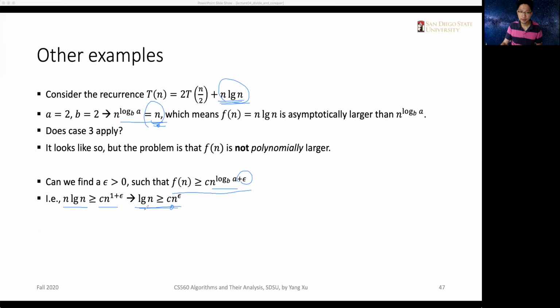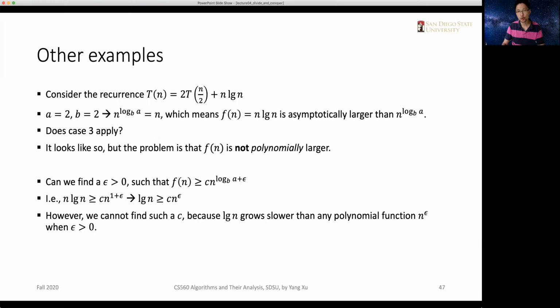A logarithm function always grows slower than the polynomial function, no matter what kind of value epsilon is, as long as epsilon is greater than 0. Okay, so for this recurrence, we cannot use the master theorem.